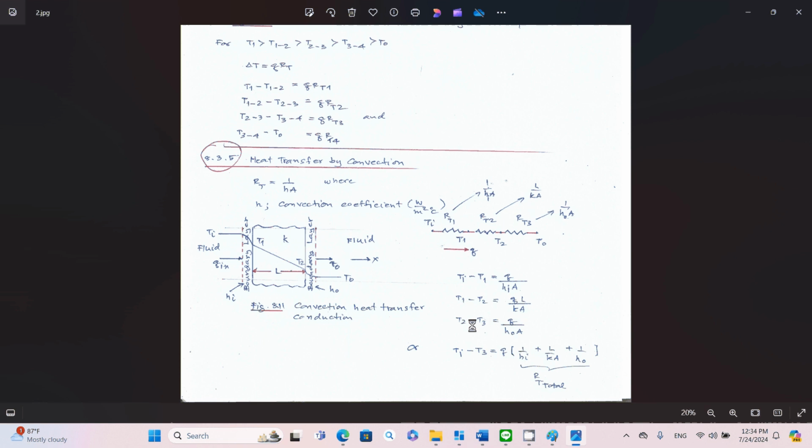T2 to T3, that's the convection. Put the three equations together, you end up with Ti minus T3. That's equal to Q multiplied by RT total, or total thermal resistance, both by conduction and convection. Very simple.